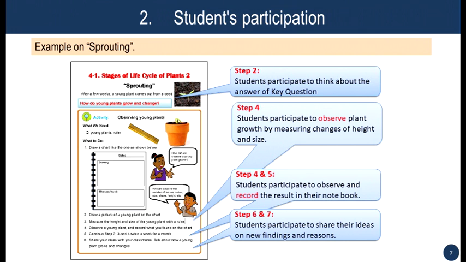Steps 5 and 6, where students participate, is where they observe and record the results in their notebooks. They also conduct steps 6 and 7 with their peers or in groups by sharing their ideas and new findings and reasons of the lesson itself.